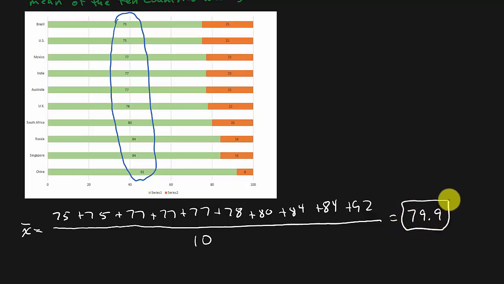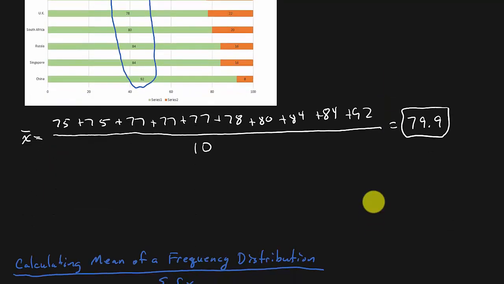And so that's the mean. That's easy. Whenever you're looking for the mean, you add all the data values up and divide by however many there are. If you want to pause the video and figure out the mean of the numbers in orange, go ahead and do it.